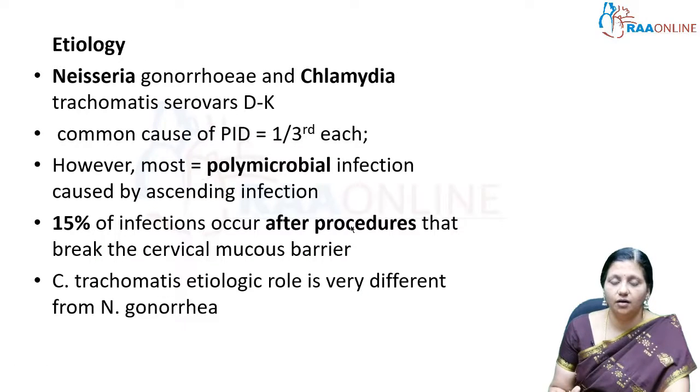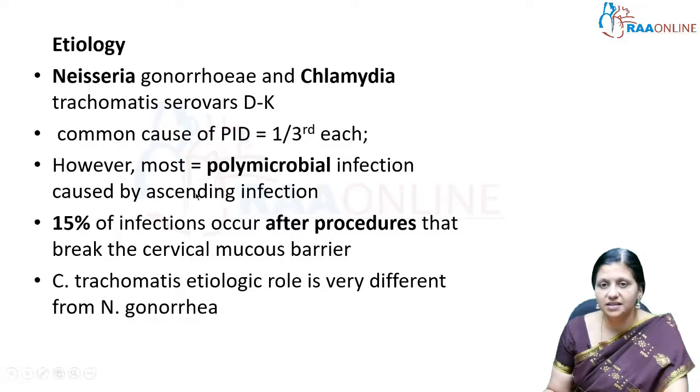Now the common organisms for upper genital tract infection are Neisseria gonorrhoeae and Chlamydia with the serovars from D to K. Neisseria is in one third of cases, Chlamydia is in one third of cases, and in the remaining one third there is both Neisseria and Chlamydia. So polymicrobial infection is very common, and sometimes PID can be iatrogenic.